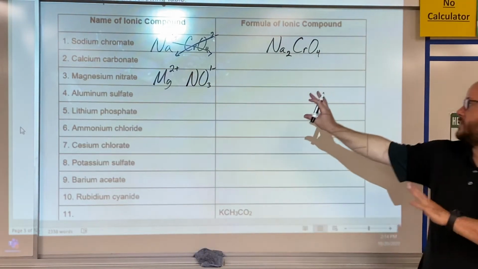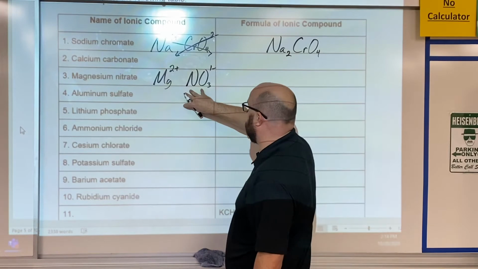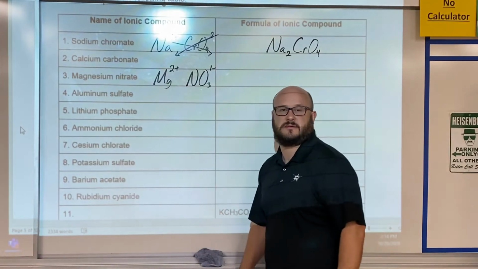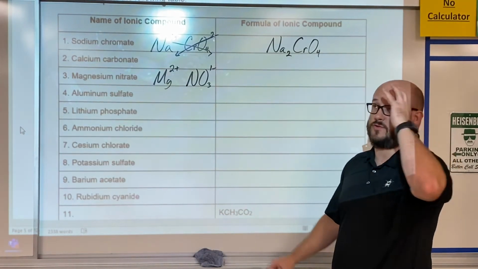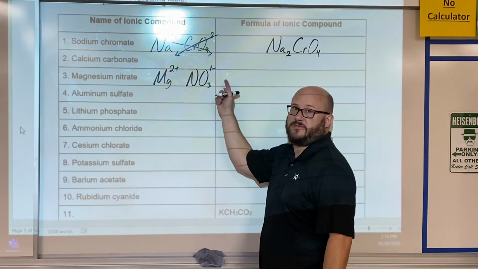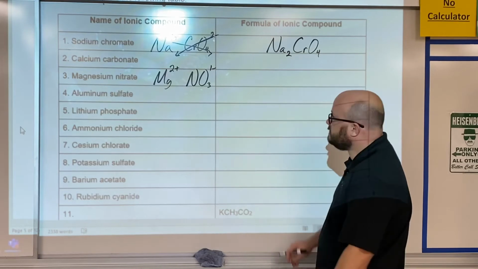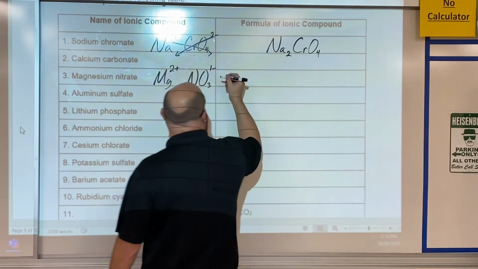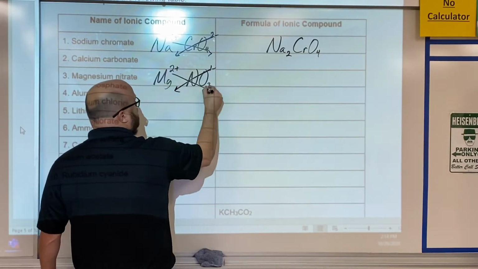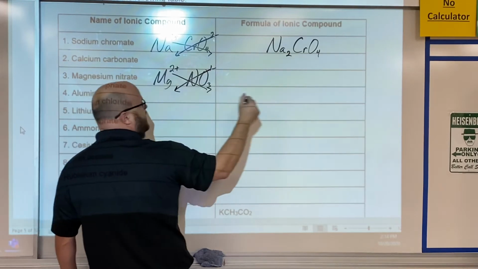So that whole compound has a 1 minus charge. We'll learn later those are covalently bonded compounds that have a charge. But don't worry about that right now. Crisscross applesauce. We end up with Mg1.